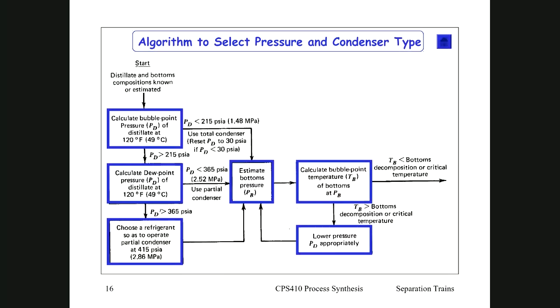Right, this is, in previous lectures, I've told you that you should be trying to use an atmospheric column as long as you can use cooling water to condense the distillate product.